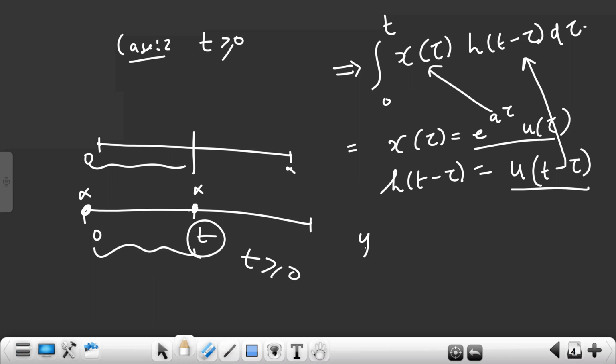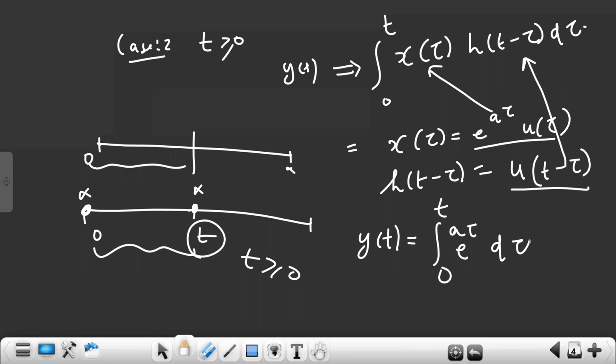So your output y of t will be the integral from 0 to t of e raised to minus a tau. You don't write u of tau because it is 1, and u of t minus tau is also 1. The amplitudes are 1, isn't it? If you take a unit step, the amplitude is 1. So the only parameter left is e raised to minus a tau into 1 into 1, that is, e to the power minus a tau d tau.